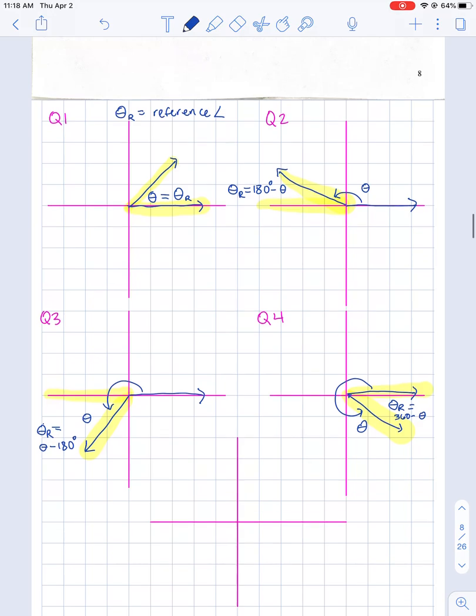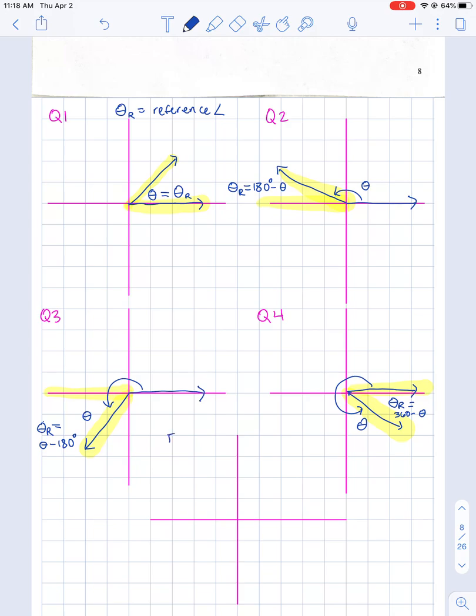So let's go ahead and take a look at an example. For this one, we're going to find the reference angle for 5 pi over 6. So the angle should look familiar to you guys. We've talked about dividing half of a revolution, pi, into sixths.